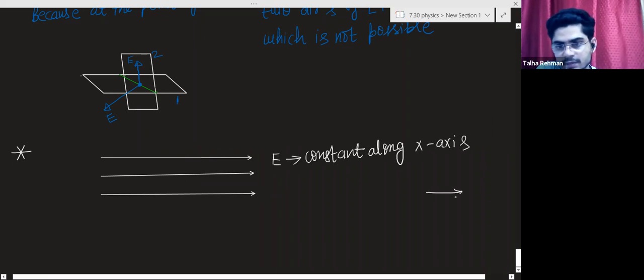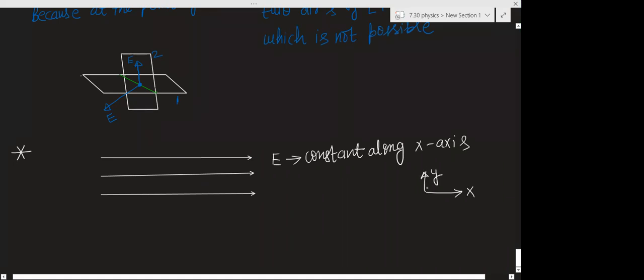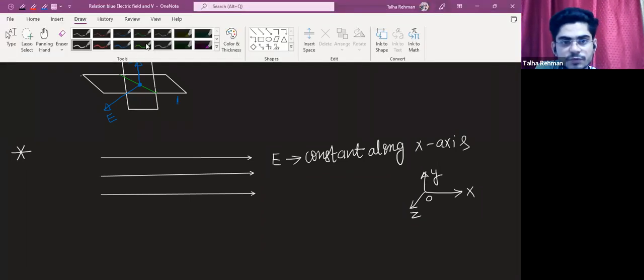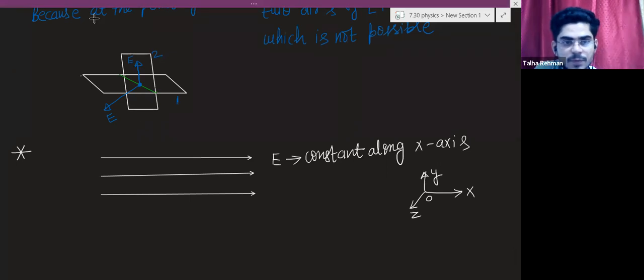This is the x-axis and this is the y-axis. So here the electric field is constant along the x-axis. So we know that equipotential surfaces are perpendicular to electric field.